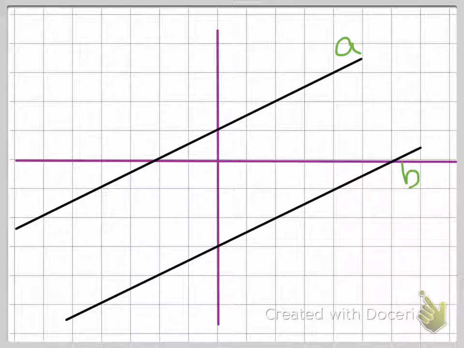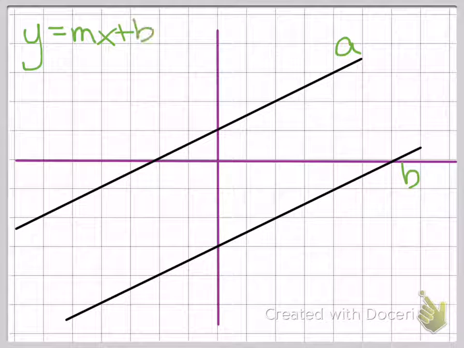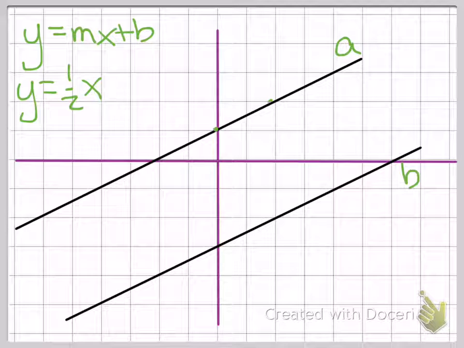Who can tell me what is the equation of line A? What is slope-intercept form real quick again? Okay. So for line A, what's our slope? 1 over 2. And where do we cross the y-axis at?